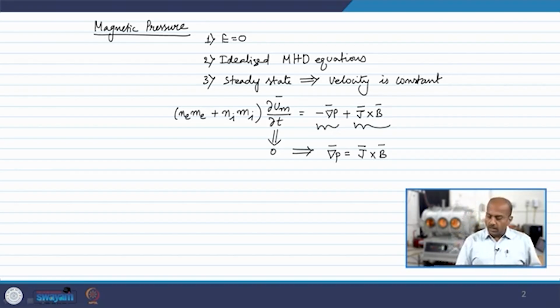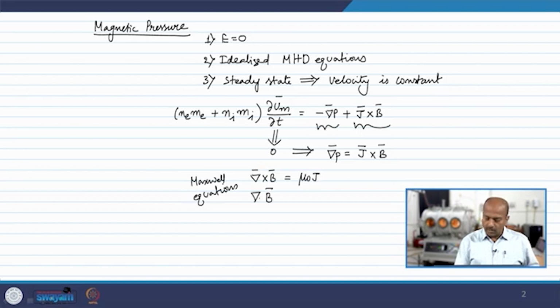In addition, in order to go further, we will use the Maxwell equations: ∇ × B = μ0 J and ∇·B = 0. Let us call these equations number 1, 2 and 3.